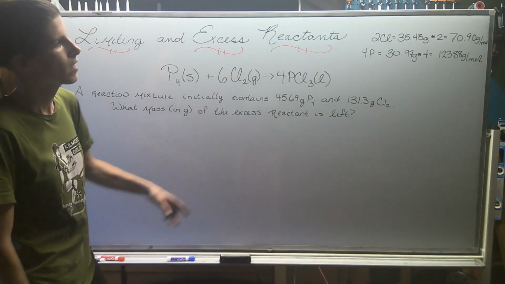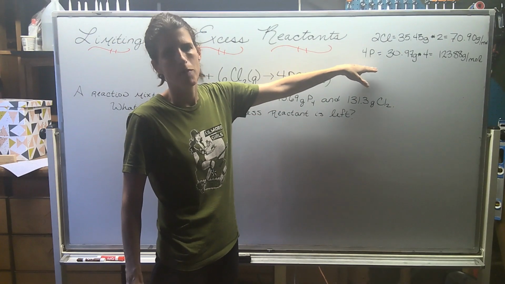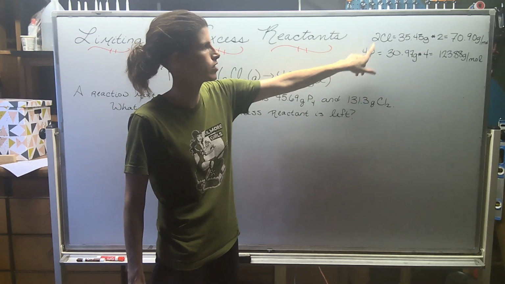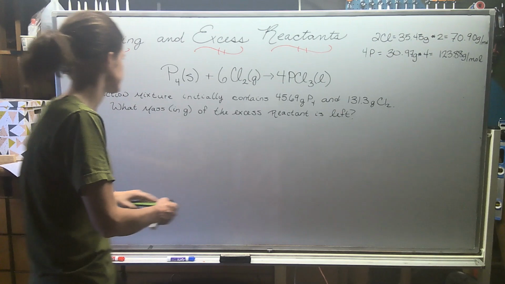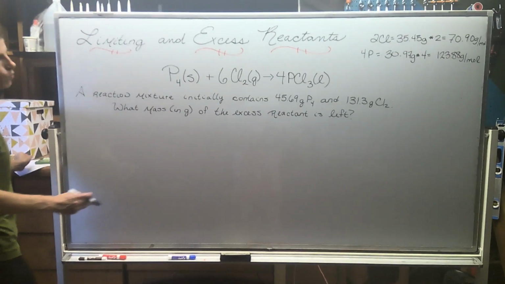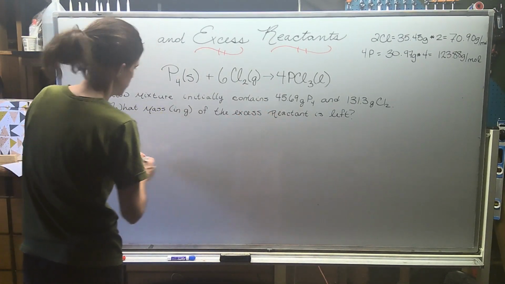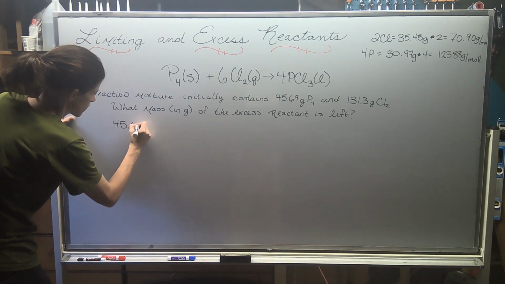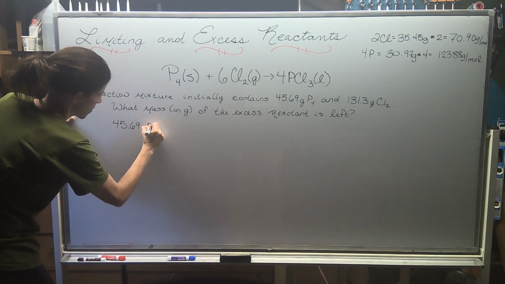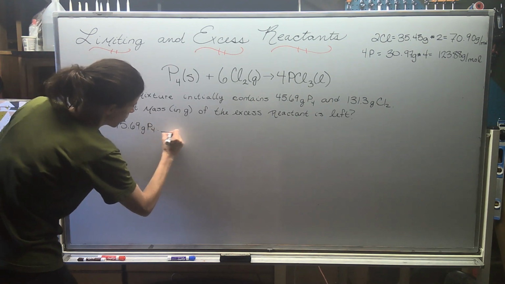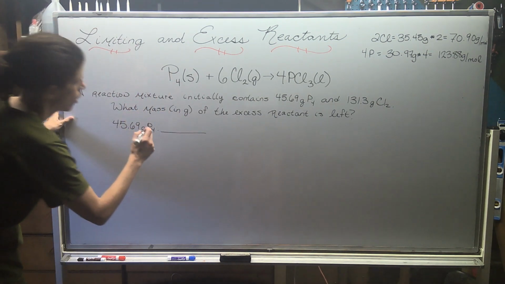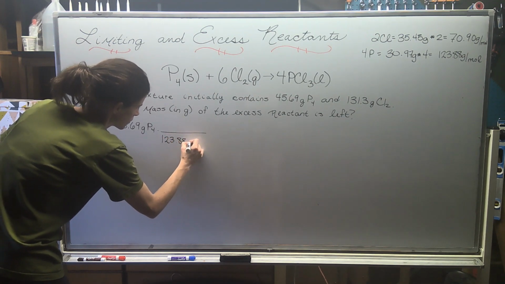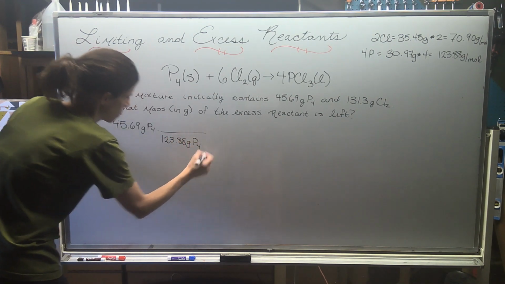Let's set it up. I did the molar masses over here ahead of time. So the 4 phosphorus and the 2 chlorine. Let's start with the P4, and it's in grams. So I'm going to grab the molar mass, 123.88 grams of P4.